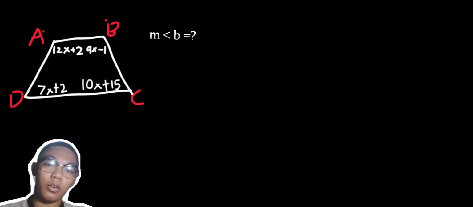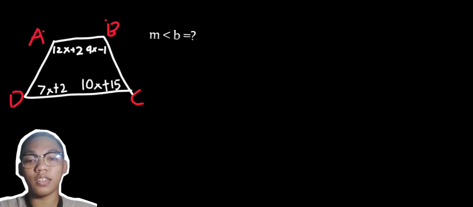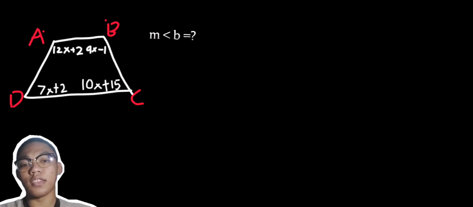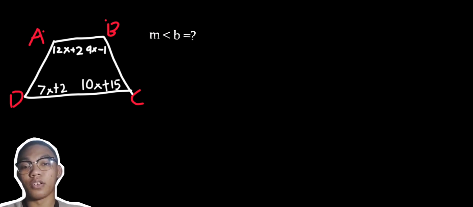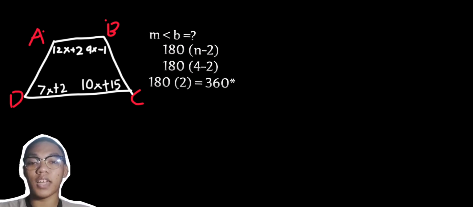In order to do that, we need to find the value of x first. So how can we calculate the value of x? Now, if you recall, what is the sum of the interior angles of a four-sided figure, a quadrilateral? The sum is 180 times n minus 2, where in this example n is 4 since we have a four-sided figure.